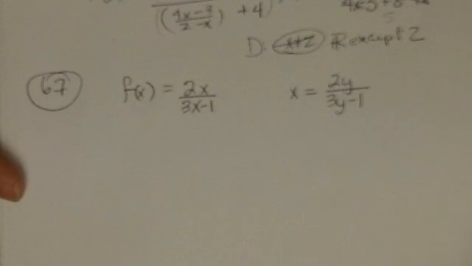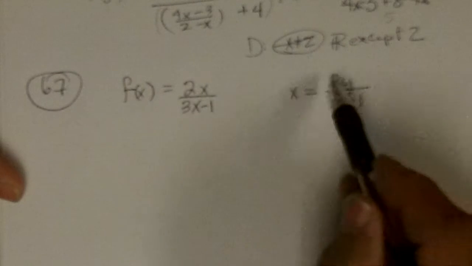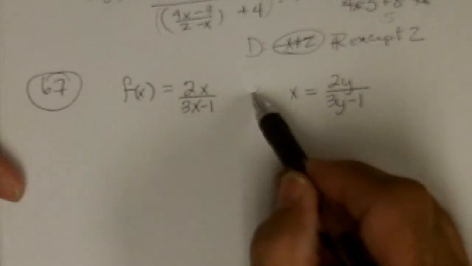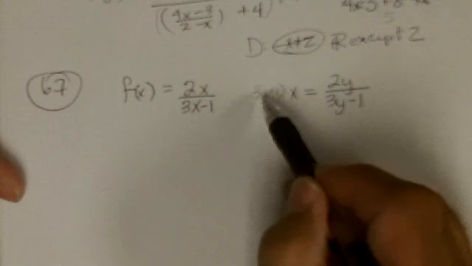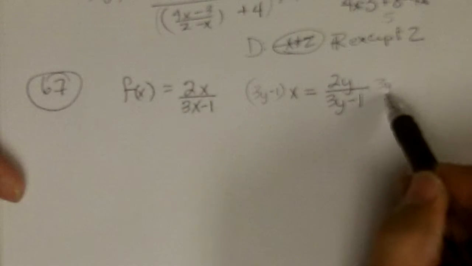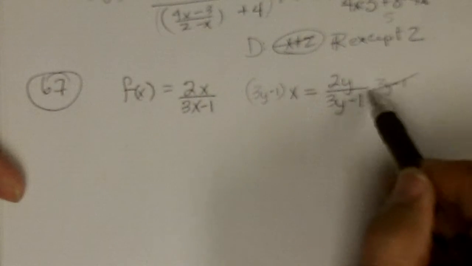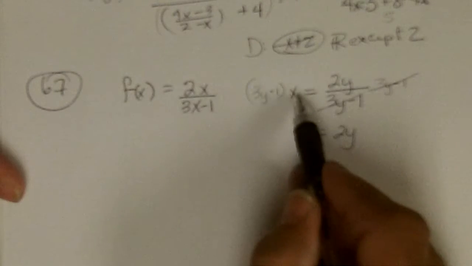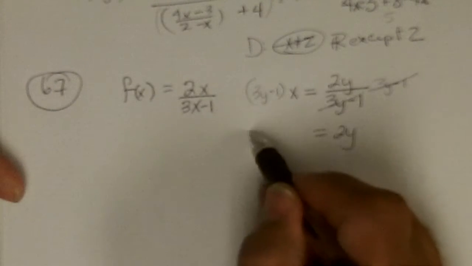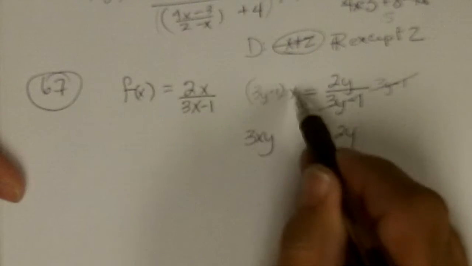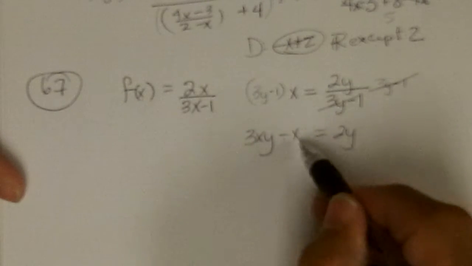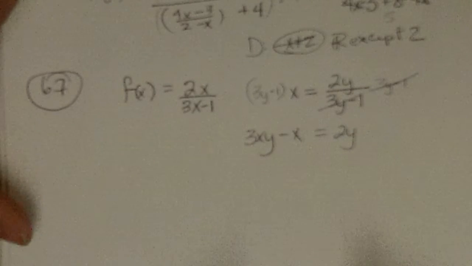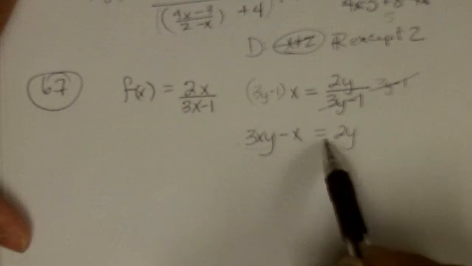Now I've got to solve for y. Start off by multiplying both sides by 3y minus 1. Now on this side they cancel and I get 2y. This side I get 3xy minus x. I'm trying to solve for y, so I should get all the y's on the same side.